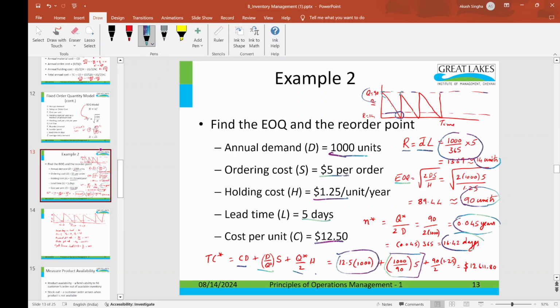So from that you can do this, and Q star by 2 into H, which is 90 by 2 into H, which is basically holding cost somehow. So I just remember the formula and hope for the best. And if you understand, give me a call and teach me how this formula came. I forgot. So this is the total cost.